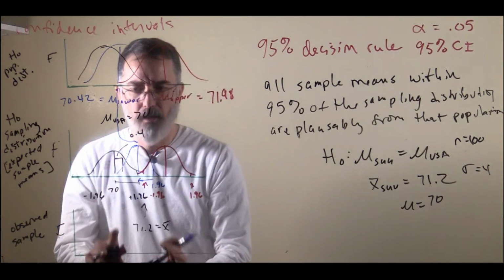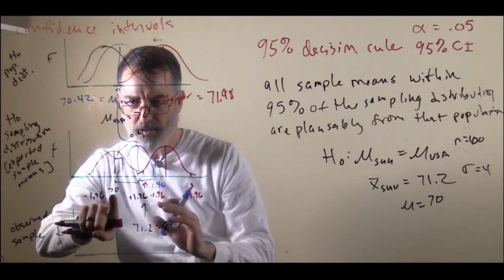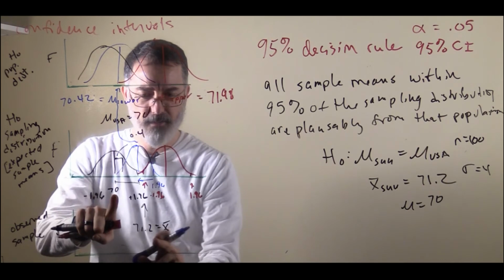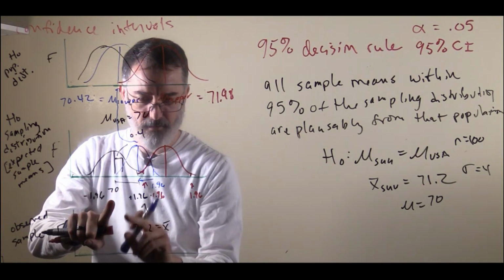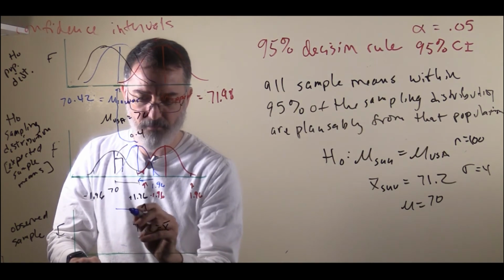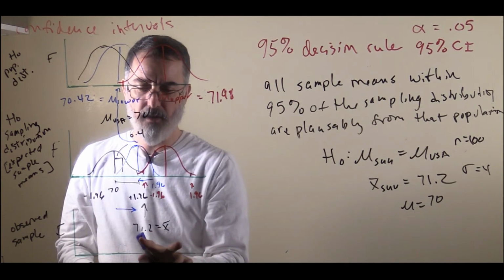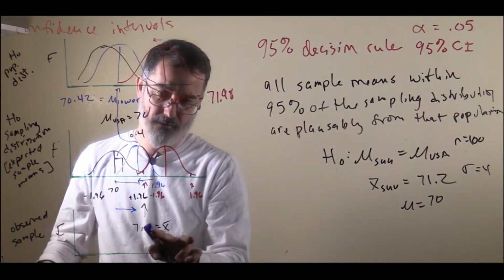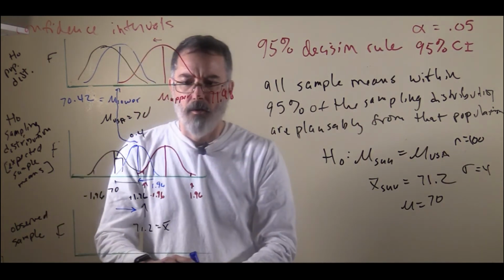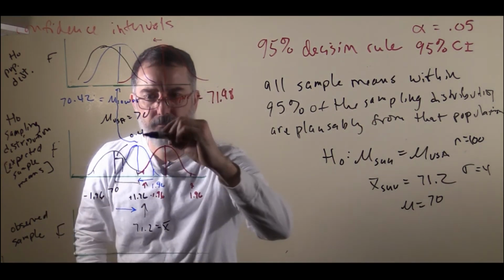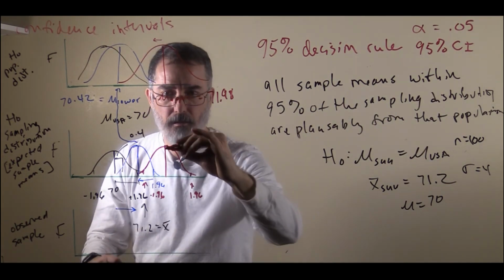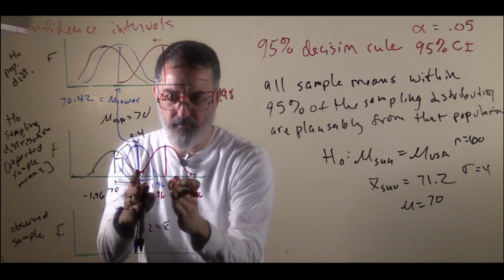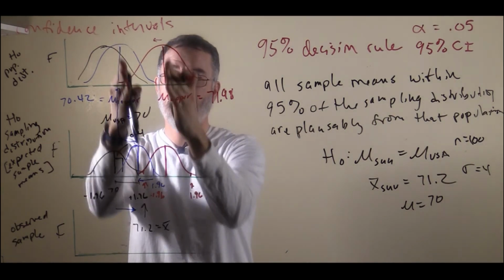When we were doing our null hypothesis test before, what we wanted to see is if our sample mean is within 1.96 standard deviations. And we found out that it wasn't. It was actually 3 standard deviations over. Well, when we created our confidence intervals, those two are the edges of our confidence intervals, right? Those go right up to here.